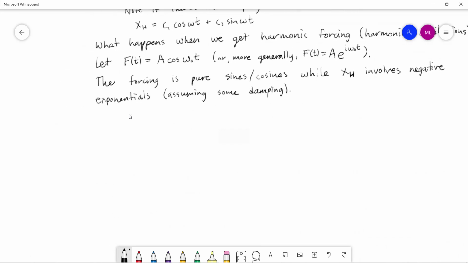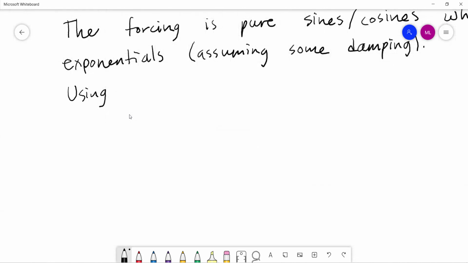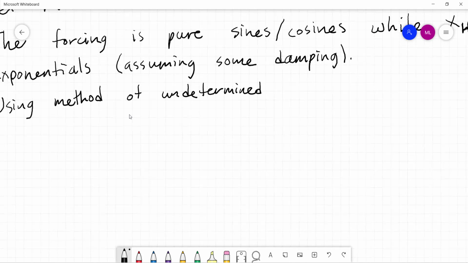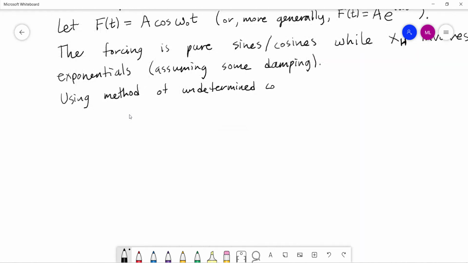So we can find our particular solution using the method of undetermined coefficients. We want to find the particular solution, which we'll call x particular.